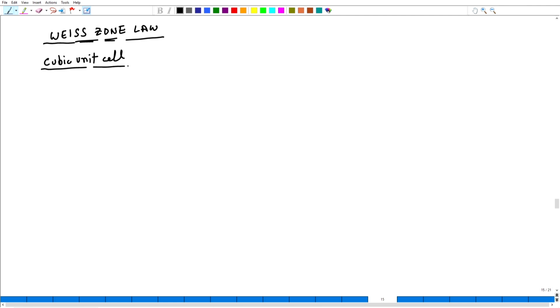Suppose I have an HKL plane and a direction UVW which is lying in the plane.